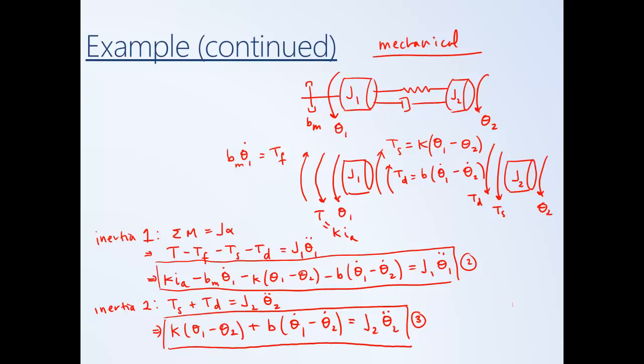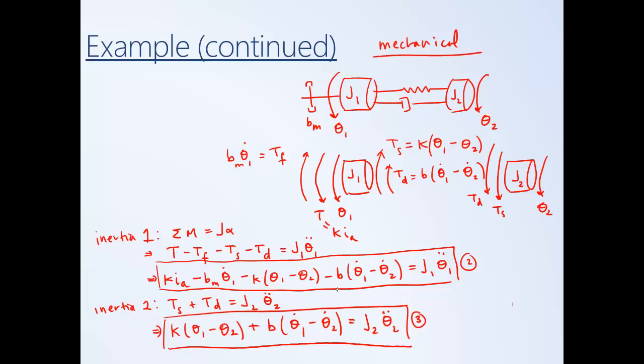If you think back, one quick and dirty way for us to give some confidence that we've oriented our torques in the right direction is to look at the signs on our variables. So in these sorts of systems, all of the theta 1 terms should have the same sign, and all of the theta 2 terms should have the same sign. So here, if I distribute this negative K, this becomes positive.